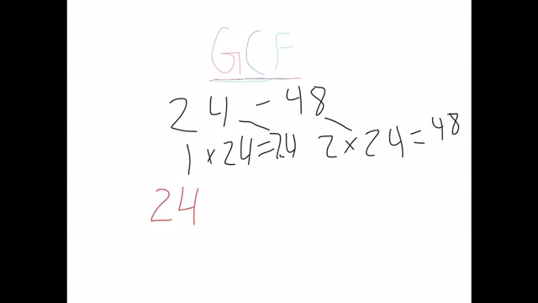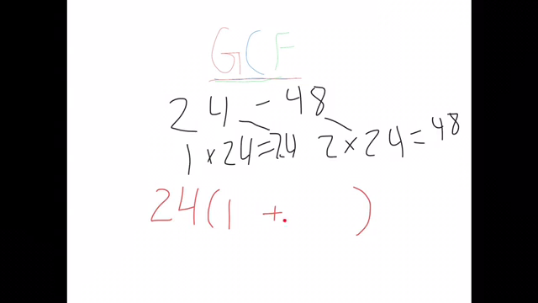Now take 1, because in this equation, right up here, is 1 times 24. So you take 1 and put it right here, as you can see. Now put your plus sign right where this is, because 1 plus that.